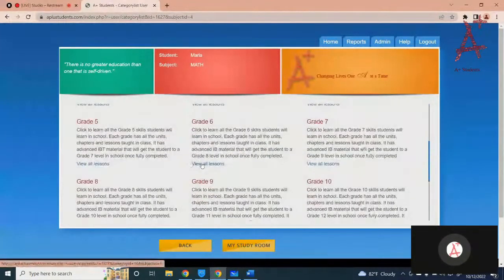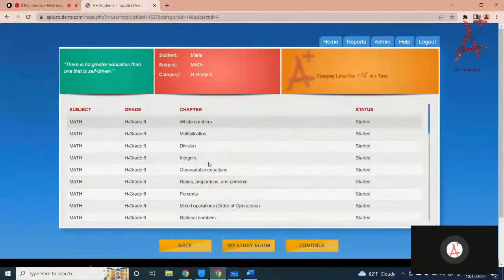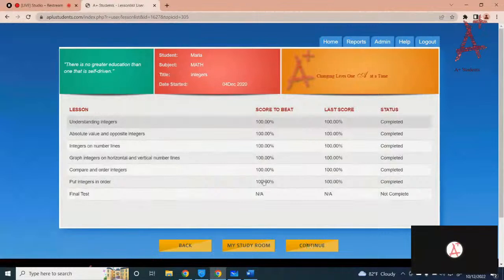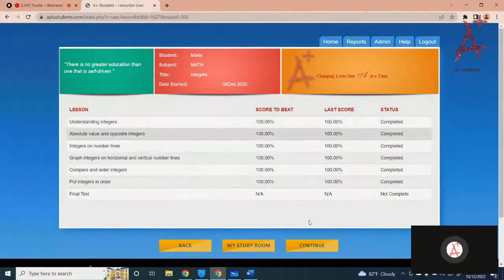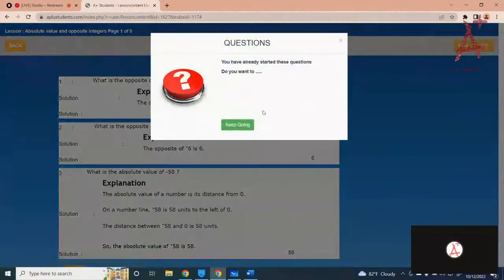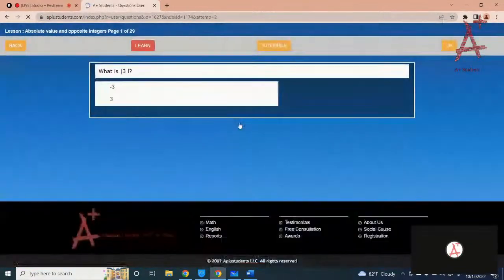Here is grade 6. Then click on view all lessons. We are on chapter 4 integers, and the topic we are working on is absolute values and opposite integers. Okay, we are on the test. Okay, that's the first one.